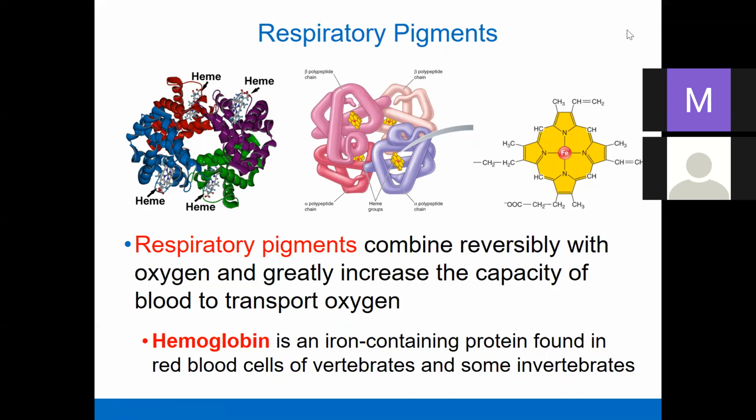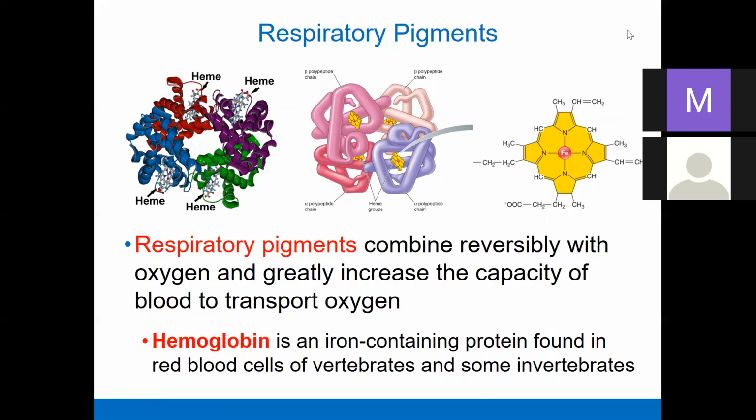The respiratory pigments are hemoglobin and myoglobin, but the most important one, which transports oxygen from the lungs to the body cells, is hemoglobin. Keep in mind that myoglobin is also a protein, which is a storage protein that stores oxygen inside of the cells.